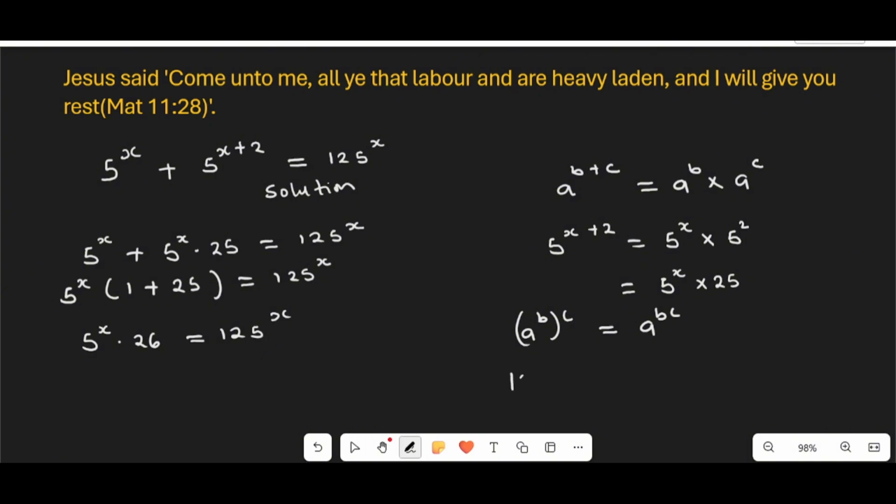So we can say 125 raised to power x equal to 5 raised to power 3 all raised to power x. And let us multiply the powers. So we are going to have 5 raised to power 3x. So the equation will now become 5 raised to power x multiplied by 26 equal to 5 raised to power 3x.